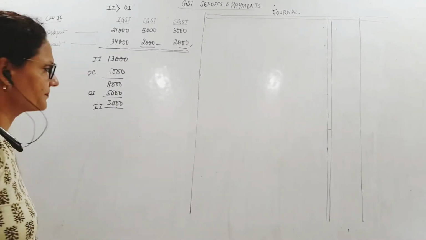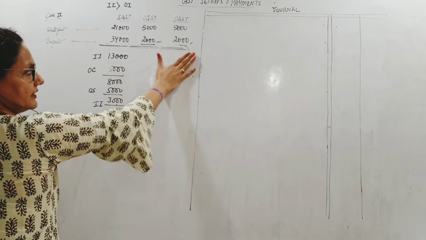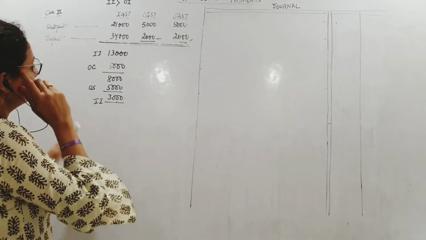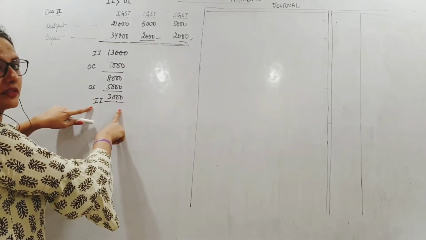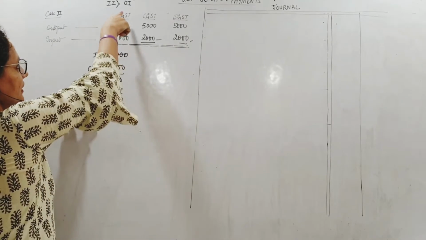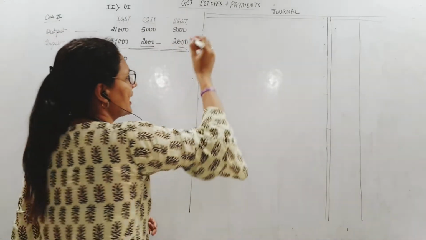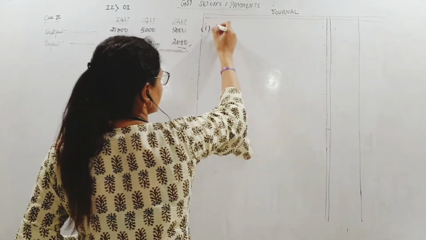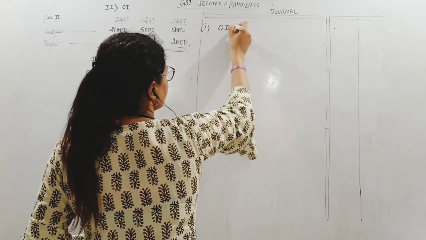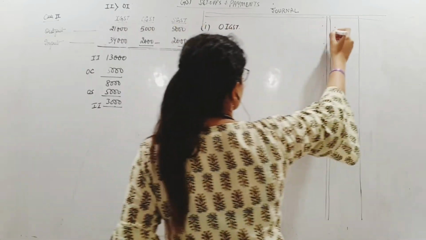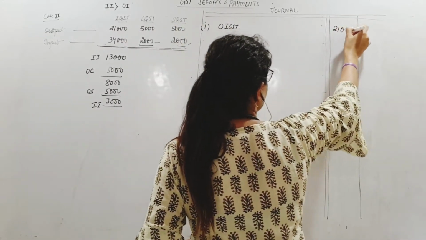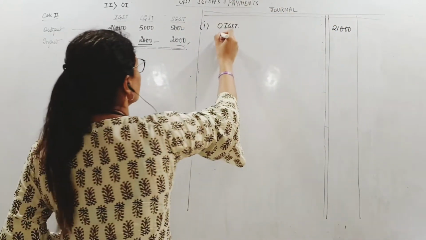No issues. Okay? So this entry, basically we are seeing that we are trying to write off input IGST against output IGST, output CGST, output SGST. We can have just one entry here, output IGST. How much was it? 21,000. I utilize it fully, pura debit.